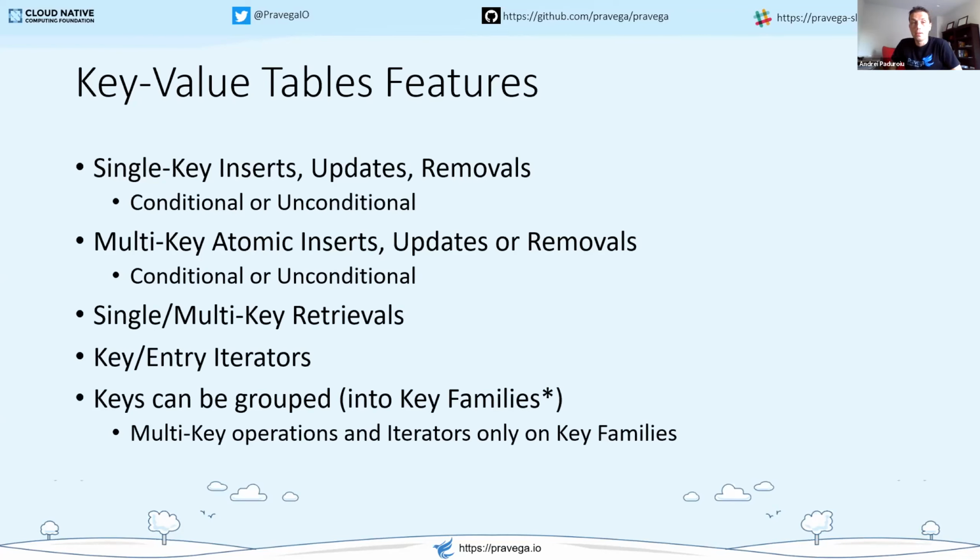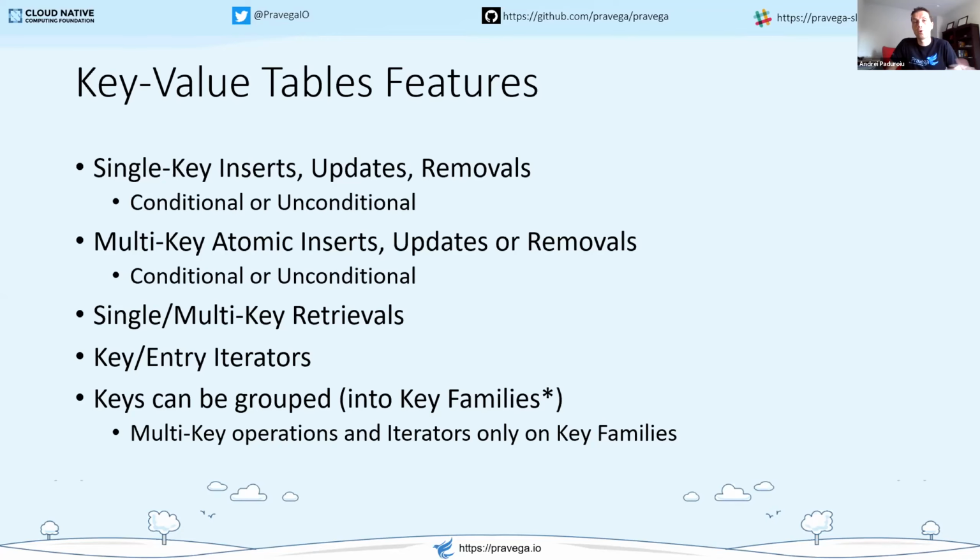Currently, in the code that we have out there in 0.8 and 0.9, you can group keys into key families. One thing I didn't mention is that when you create KeyValue tables, you have to define a number of partitions. Each partition is pretty much a table segment. We do not yet have support for scanning across partitions within KeyValue tables, but that is something we are considering for the future.